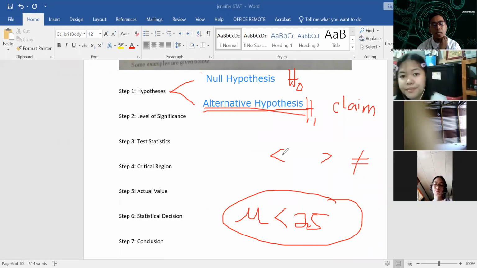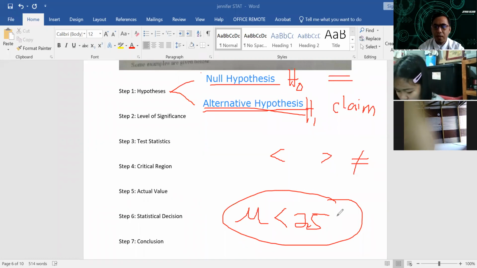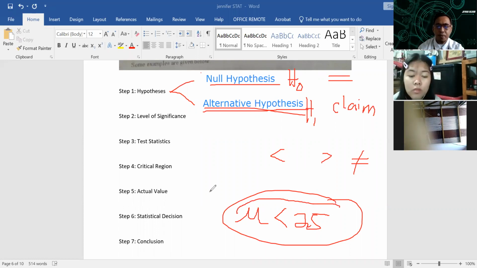Consider this. For the null hypothesis, remember, the null hypothesis will always involve equality. Okay? Say for example, in this case, if our alternative hypothesis is this one, if this is our H sub 1, let me erase it first.